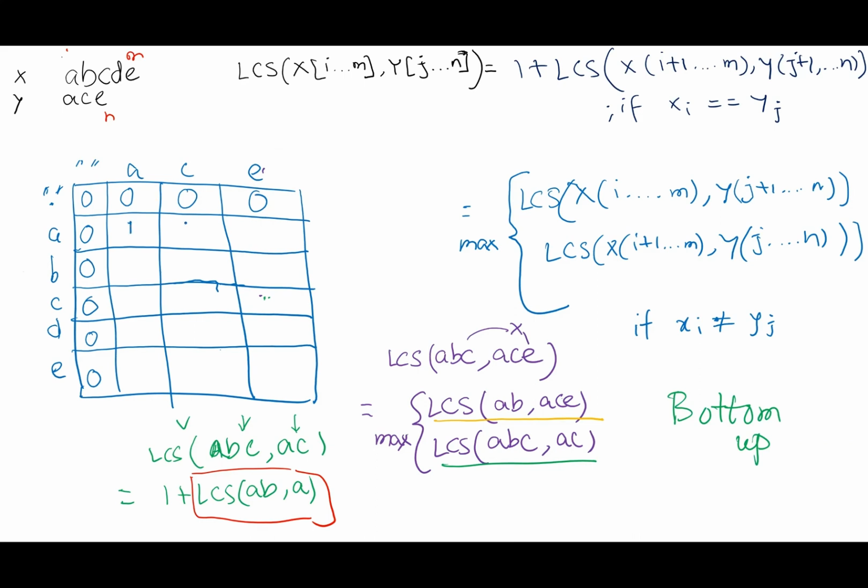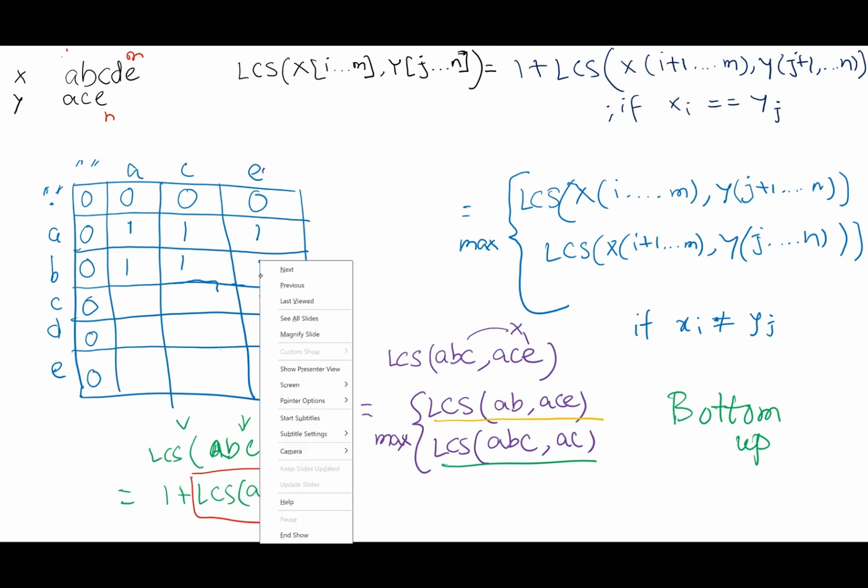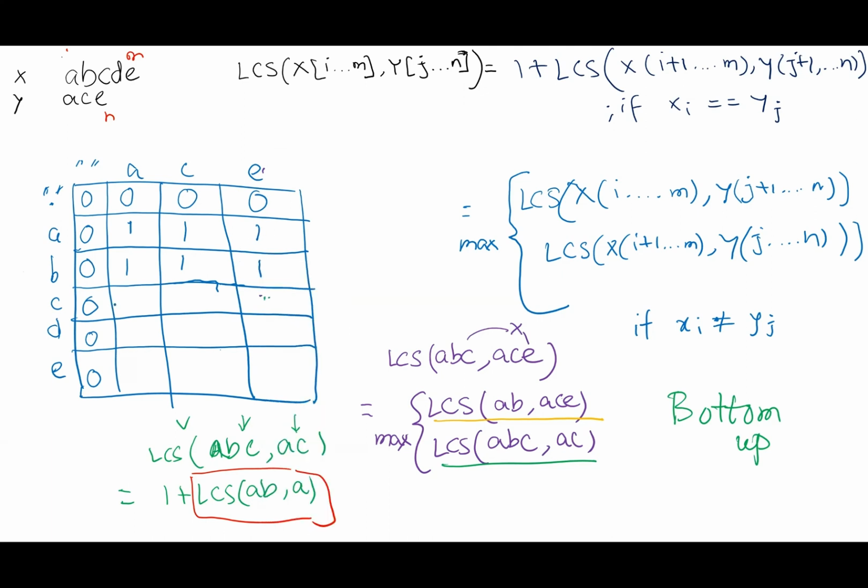AC don't match, we take the max from the left and top. No match, max of left and top. Match, so add 1 to the diagonal.